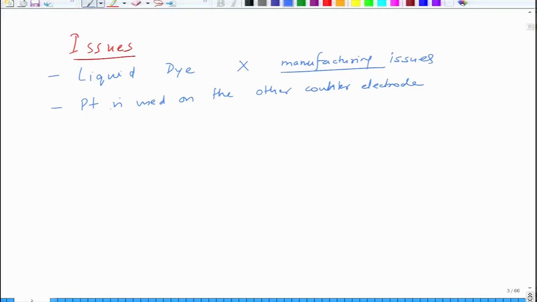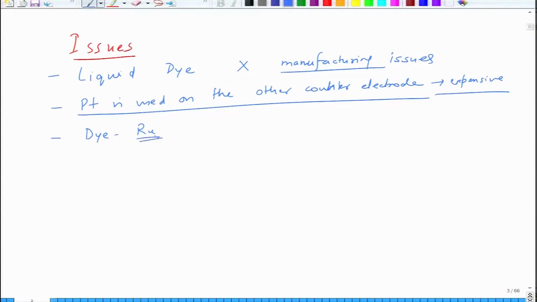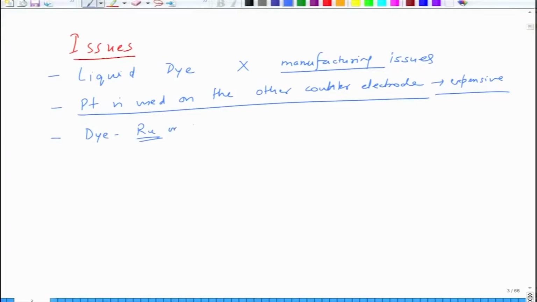Platinum is used as a sort of catalyst, and this platinum is expensive. We also have dyes which are ruthenium based. Ruthenium is not a very widely available element, so it would be nice if we have dyes based on simple elements. They contain ruthenium or osmium, which are expensive elements.